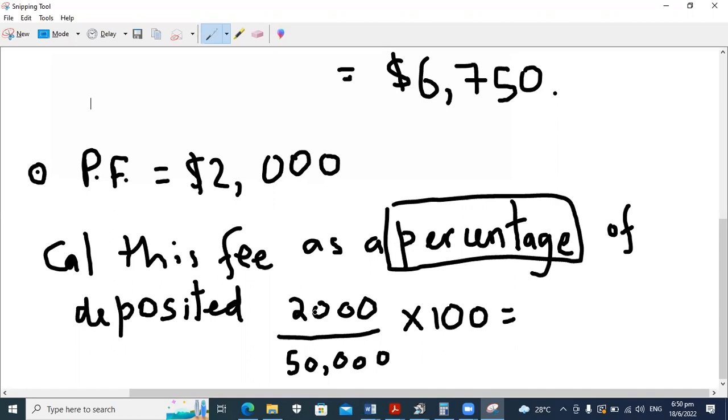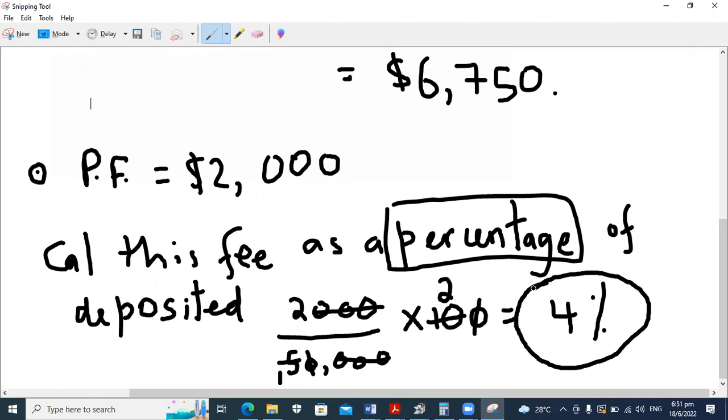So this will go, and then that will go. 5 into 5 goes 1, 5 into 10 goes 2, 2 is 4. So the answer is 4%.